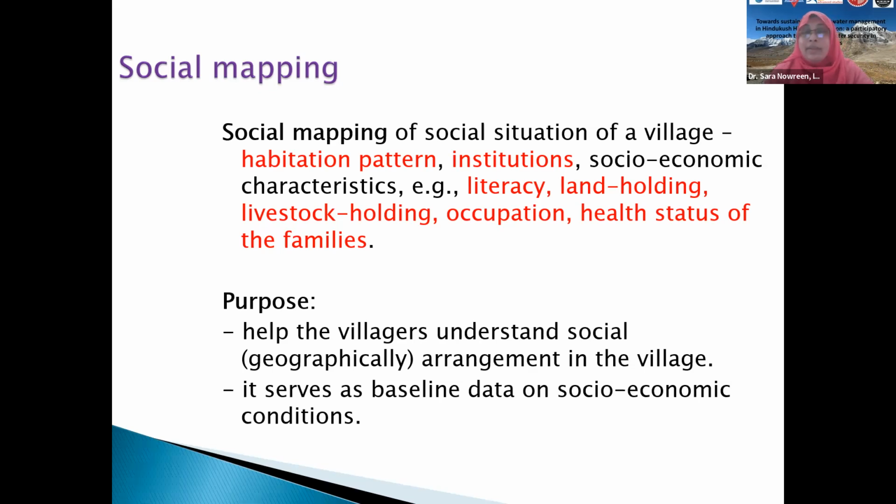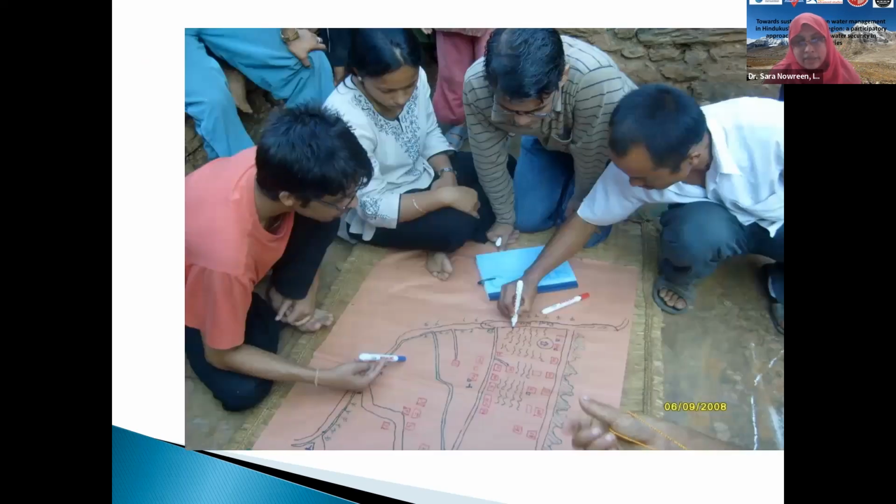Maybe that village is actually ruling the rest of the village people. These kinds of things you will find in social mapping, when it comes to the status of the people living in that particular area, or the importance of those structures. It can be structures, it can be health issues. There are lots of things that can come out of this social mapping.